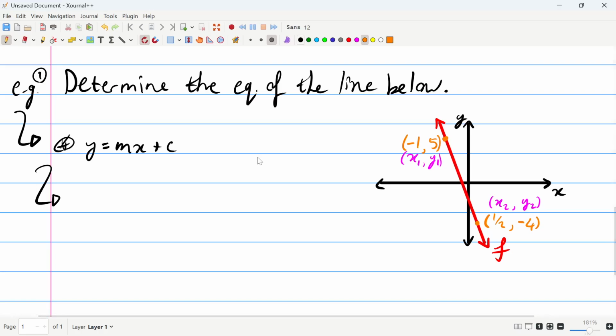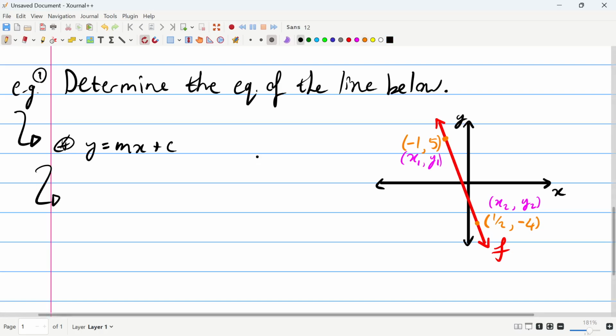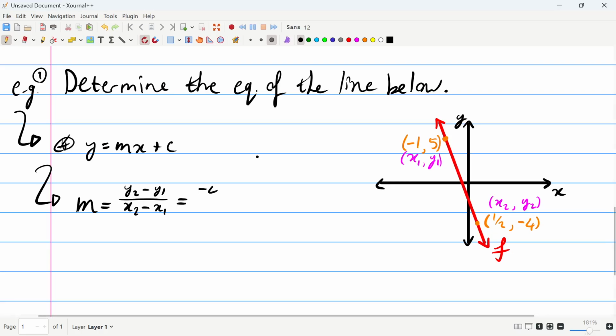So now we can get started. The gradient is going to be equal to, remember, y2 minus y1 divided by x2 minus x1. And we know that that's just going to be the same as, what is y2? y2 is equal to negative 4.